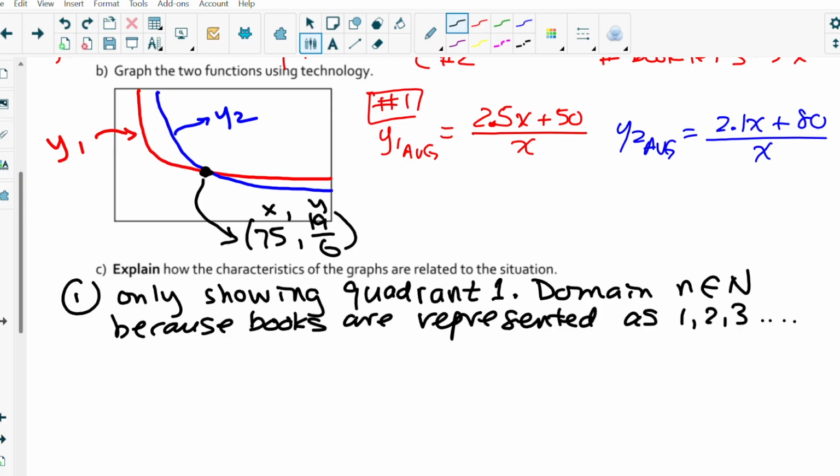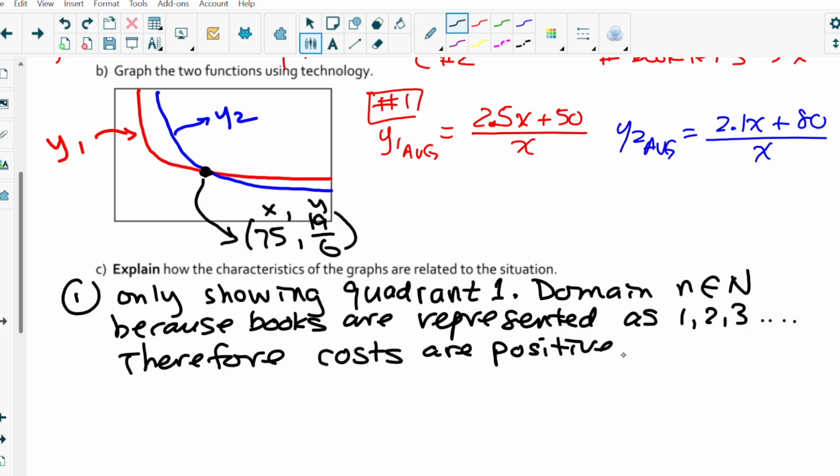They have to be whole booklets. Because of this, all the costs are positive, which further confirms that we're only showing the graph in quadrant 1.